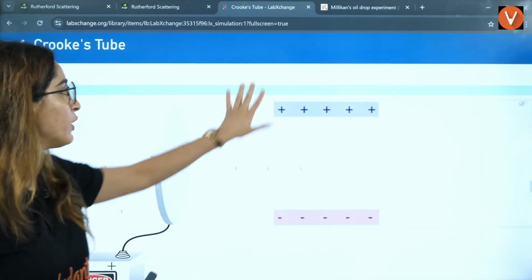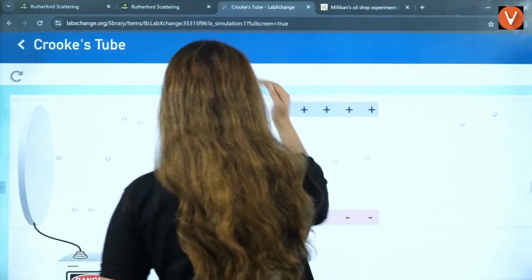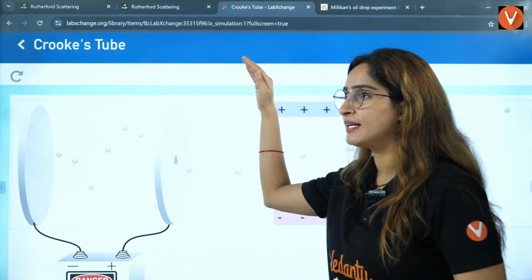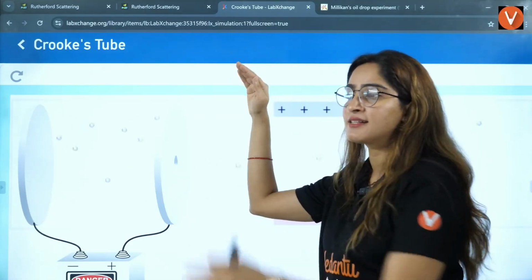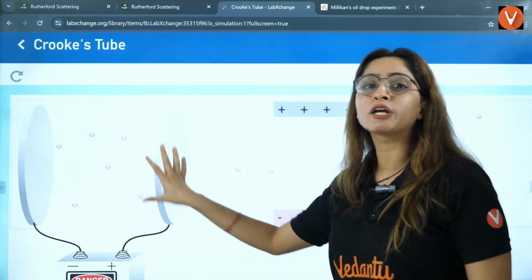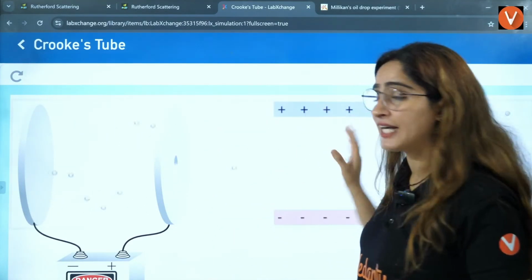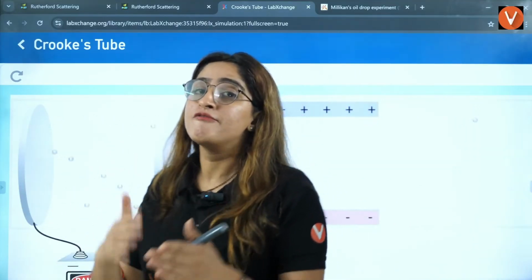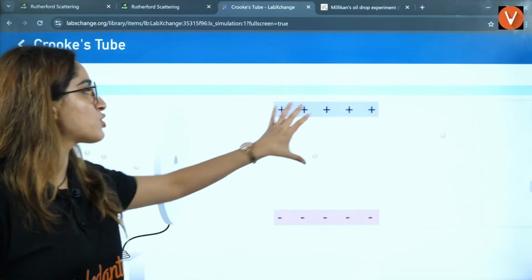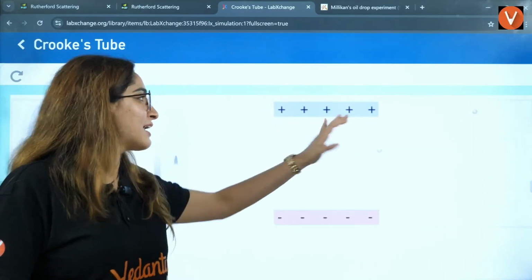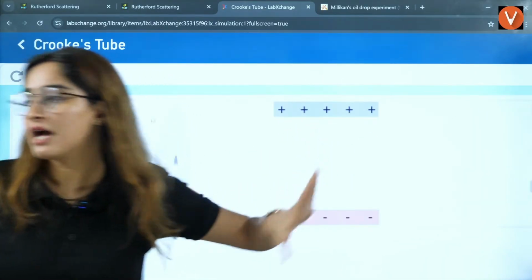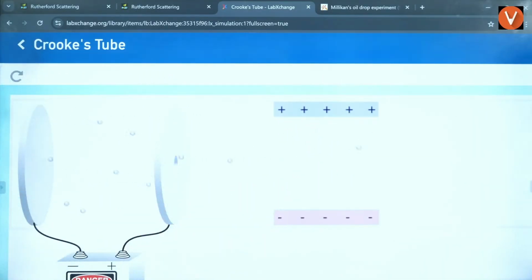If you ignore this part and put a ZnS screen here, it will strike there and the screen will glow. That is your cathode ray experiment, and this is the identification of what happens under the influence of an electric field. They are getting attracted towards the positive side of the electric field, right? Okay, everybody?